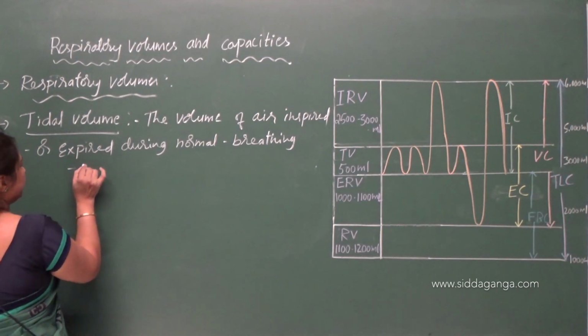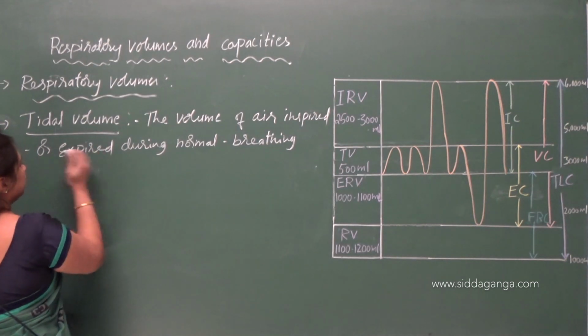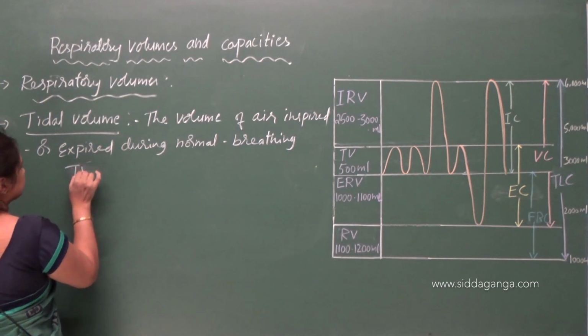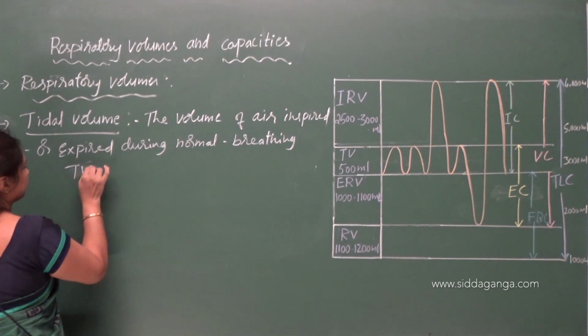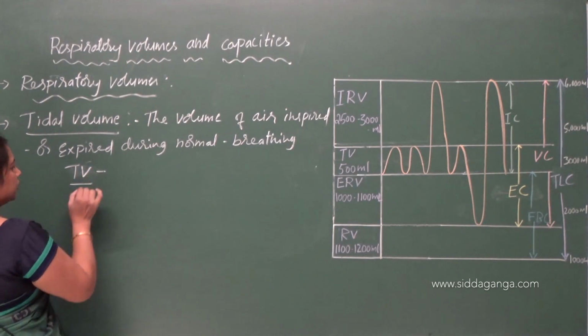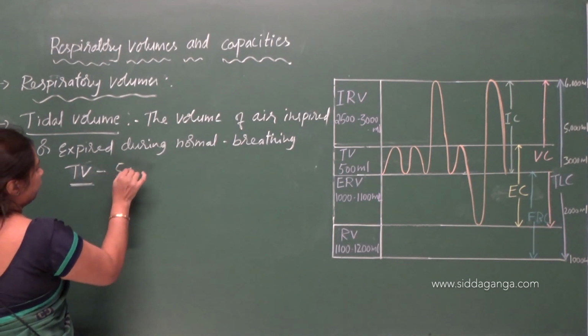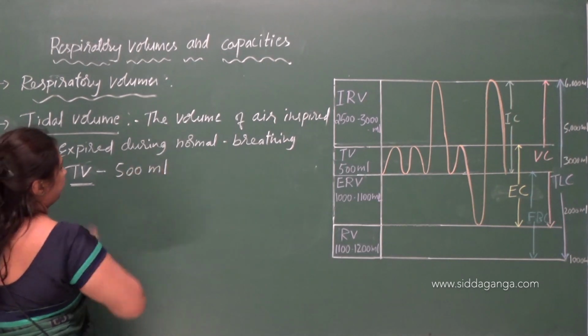In short, tidal volume is called TV. Its value is approximately 500 ml.